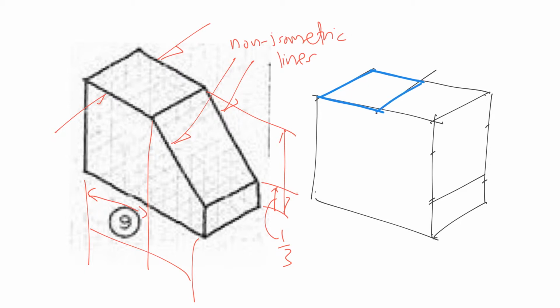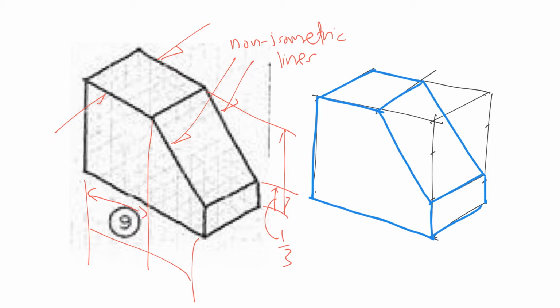So this is a vertical line, this is a horizontal line over here, and this is this way. The final step is really to join the 2 points, in order to create the non-isometric line. So we have this one as well as this one. So there you go. This is our first design sketch of figure number 9.